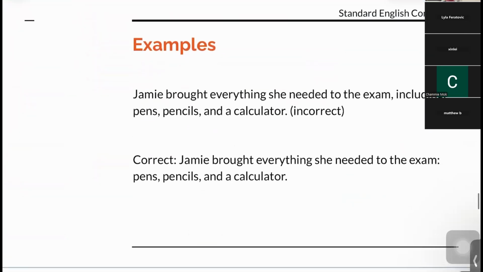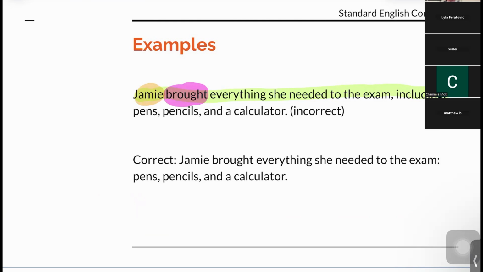So let's look at some incorrect examples and process them. We've got this sentence. Jamie brought everything she needed to the exam, including pens, pencils, and a calculator. So does this have an independent clause before it? Jamie brought everything she needed to the exam. That sounds like an independent clause to me. We've got Jamie, that's our subject. We've got brought, that's a predicate.